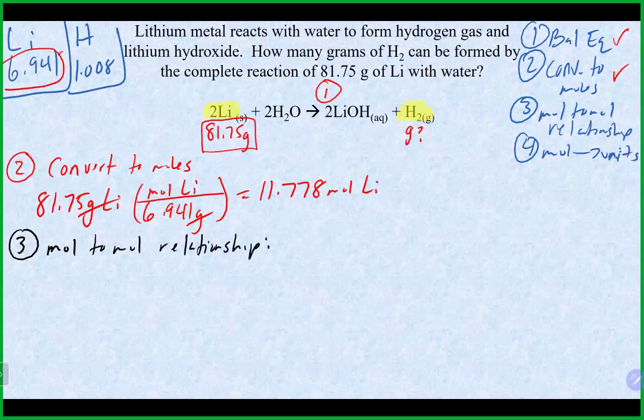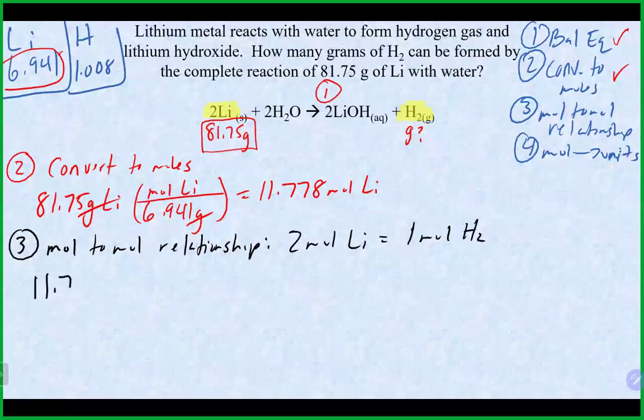And from the equation, we could see that for every 2 moles of lithium, I get out 1 mole of hydrogen. That again would give you 2 possible conversion factors, right? 2 moles of lithium on top and 1 mole of hydrogen on the bottom. Or you could flip it the other way with the 1 mole of hydrogen up on top and the 2 moles of lithium on the bottom.